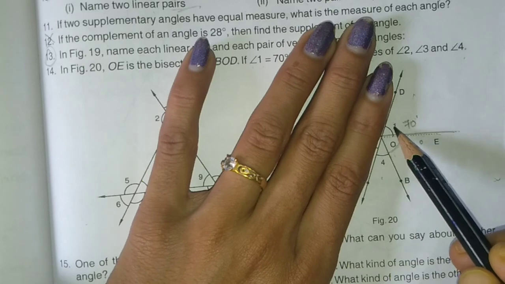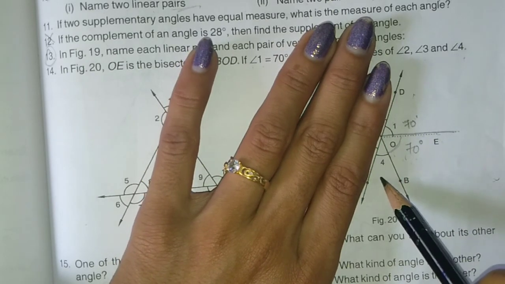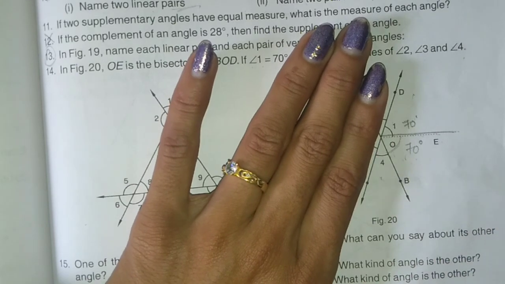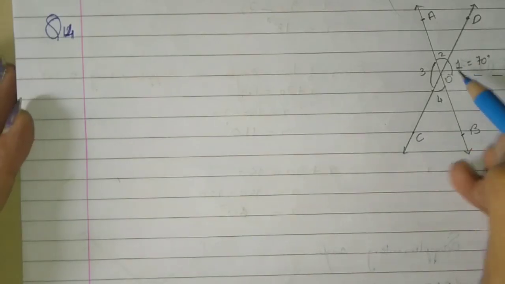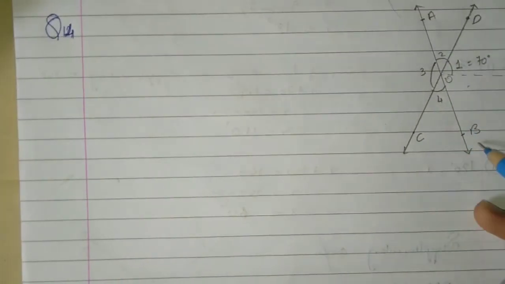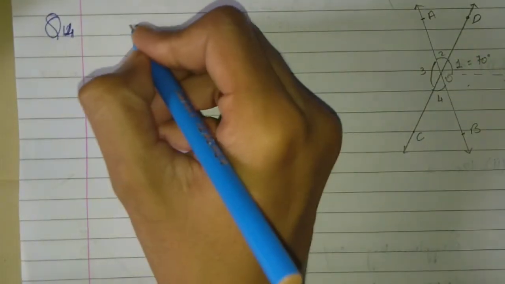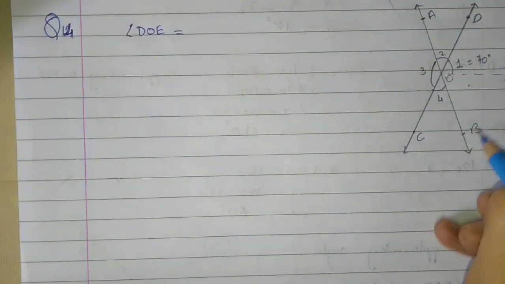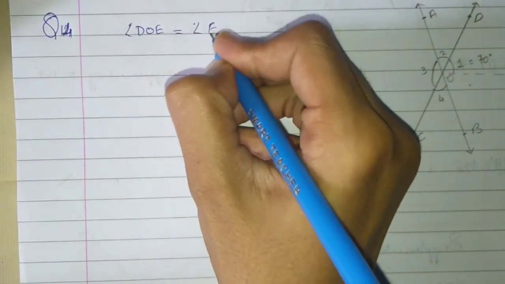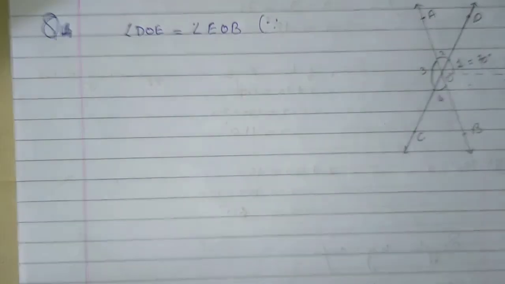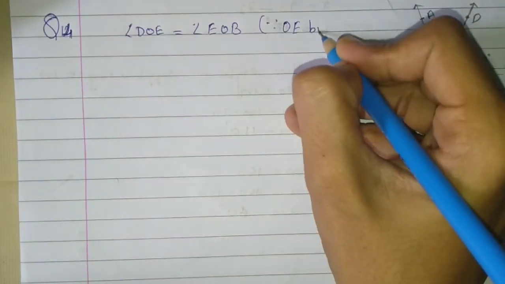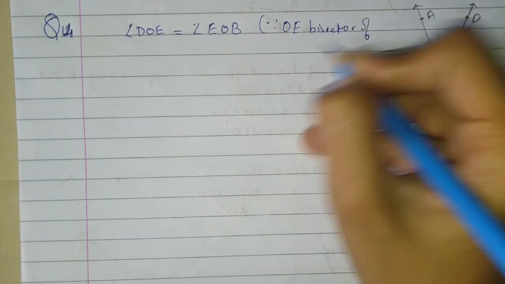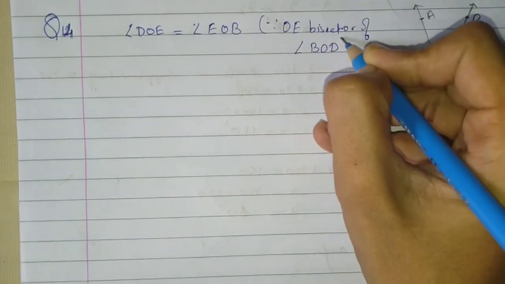Then we can say angle 1 plus angle EOB plus angle 4 is equal to 180 degrees. Then we can find this. So let us do that. Now we can say angle DOE equals angle EOB because OE is the bisector of angle BOD.